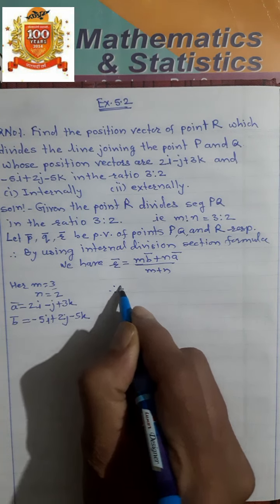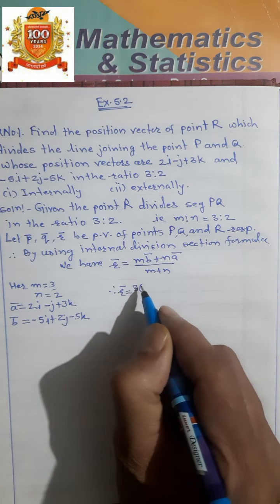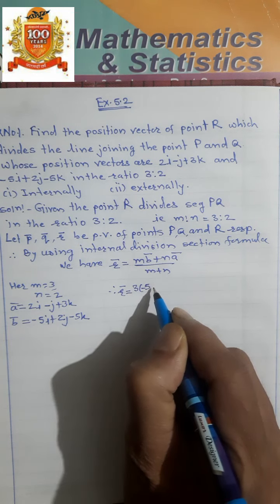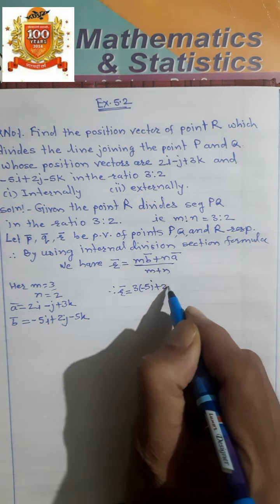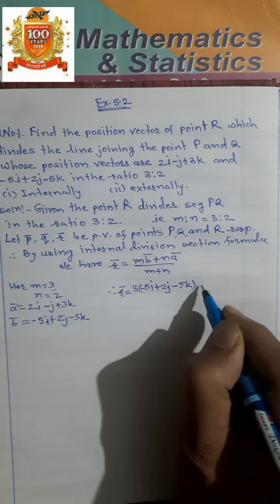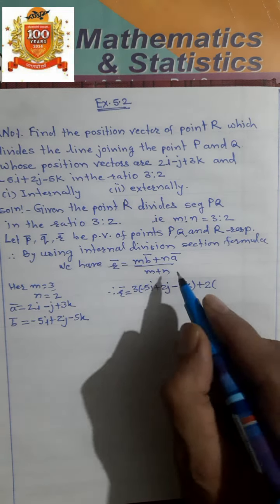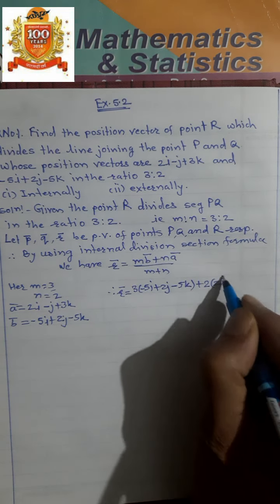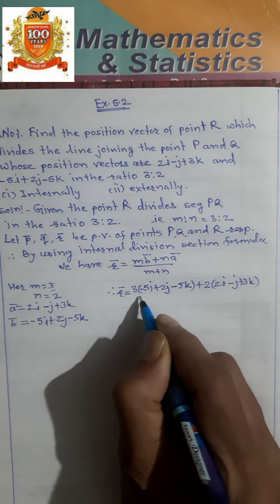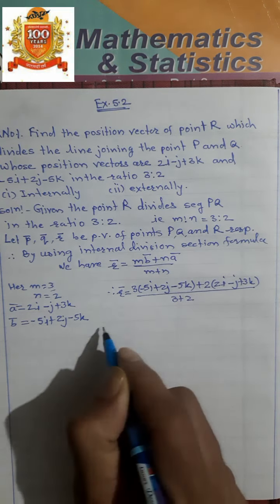Therefore, R bar is equal to 3 into bracket minus 5i plus 2j minus 5k, plus 2 into bracket 2i minus j plus 3k, upon 3 plus 2.